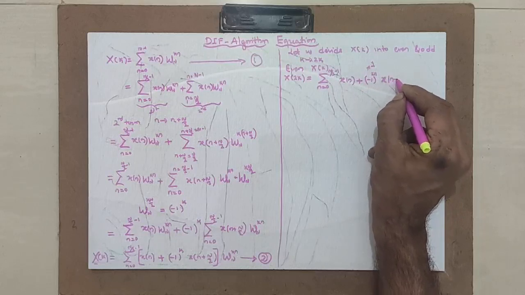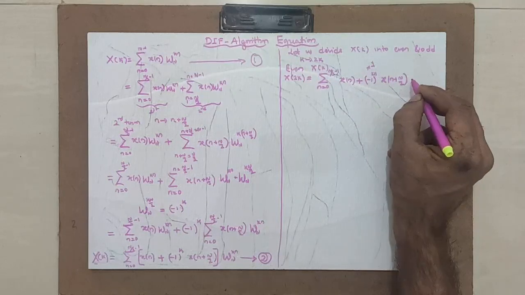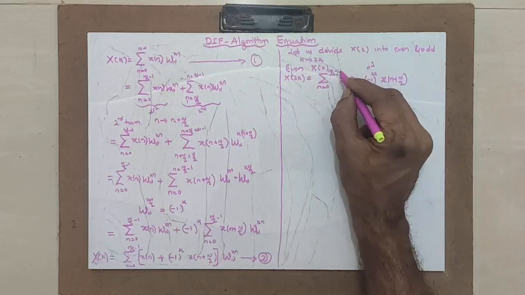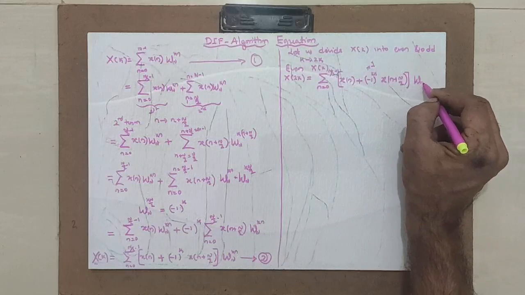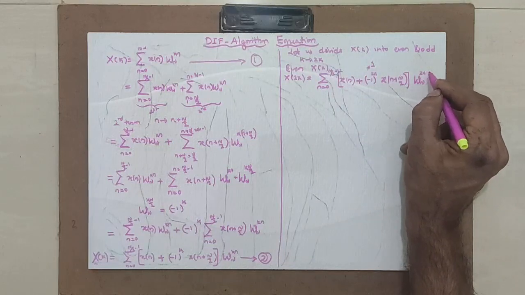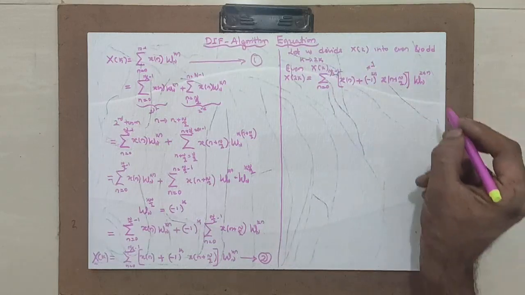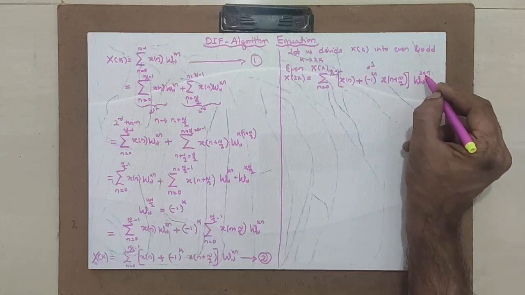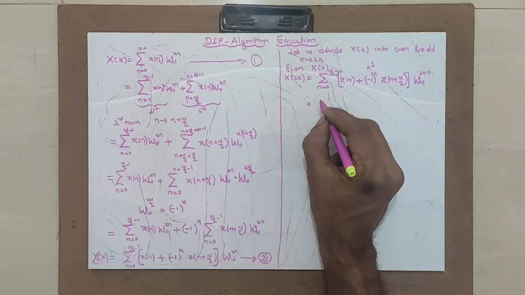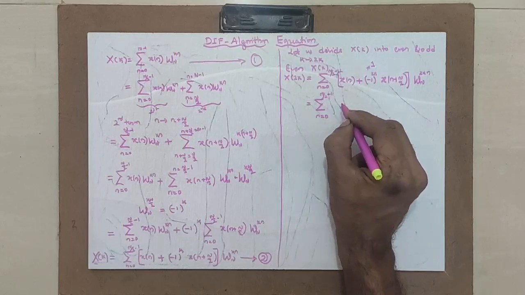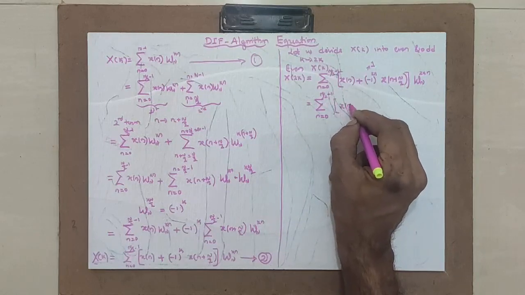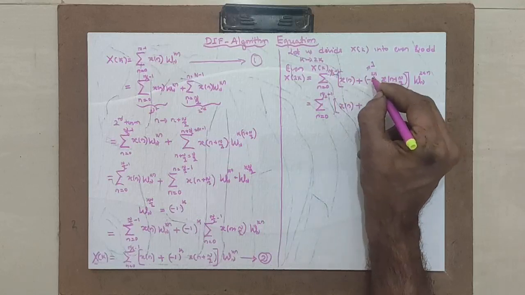Next, x of n plus N by 2, whole outside W_N raised to k, which means 2k, even value, 2kn. But you know that W_N raised to 2k can be brought as W_{N by 2} raised to kn, correct? Hence this can be given as summation n is equal to 0 to N by 2 minus 1 x of n plus, why plus?